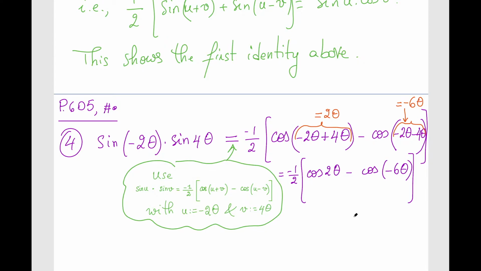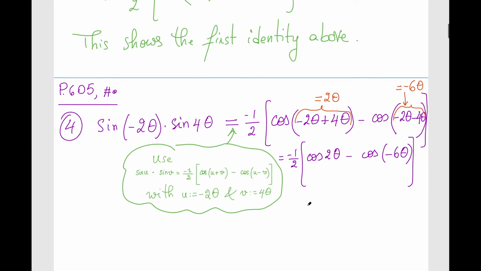Okay, remember the question? The question was to write this product as a sum or difference, and we just did this. The only thing I'm gonna do is apply that cosine as an even function to cancel this minus, even though this is a correct answer, because we answered the question. The question is to write the product as a sum or difference, and we did that.